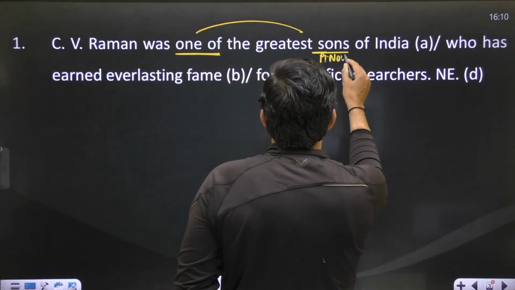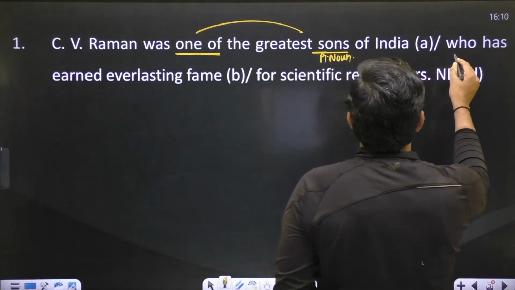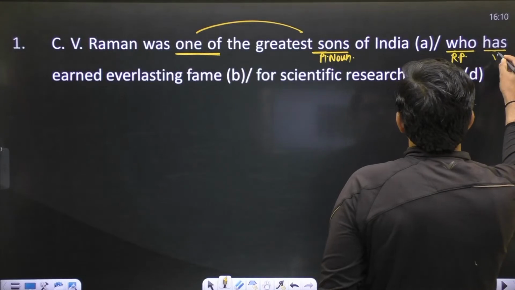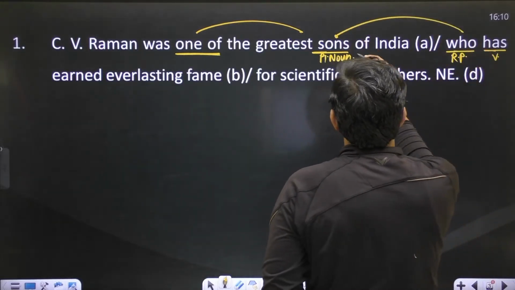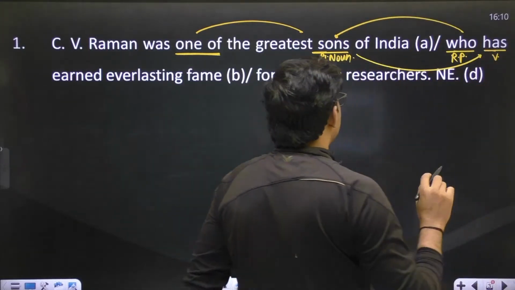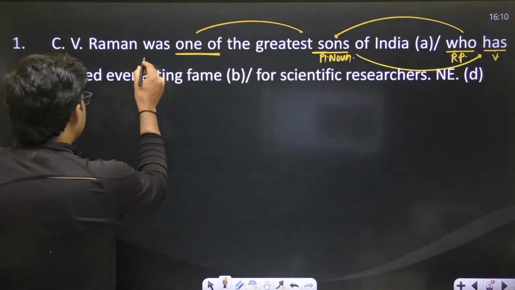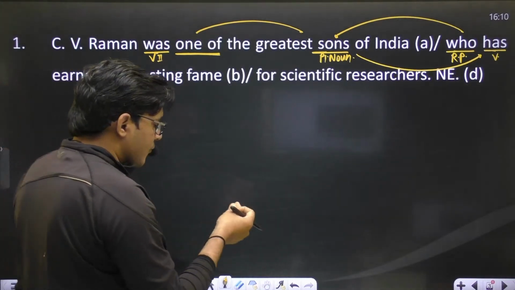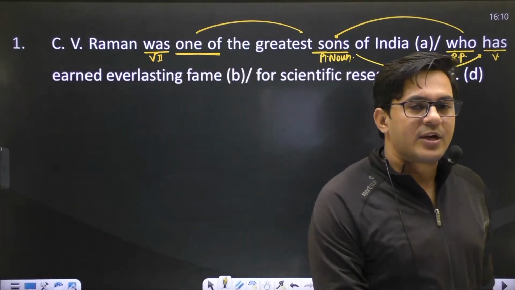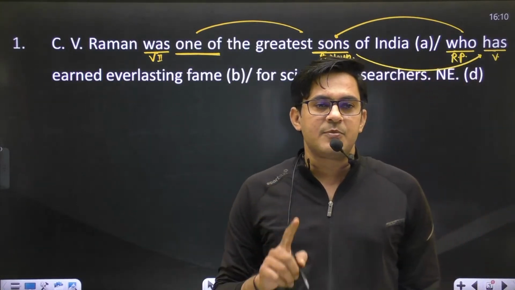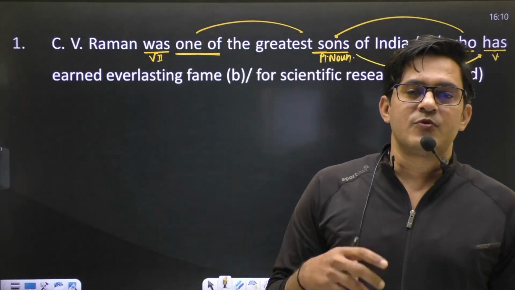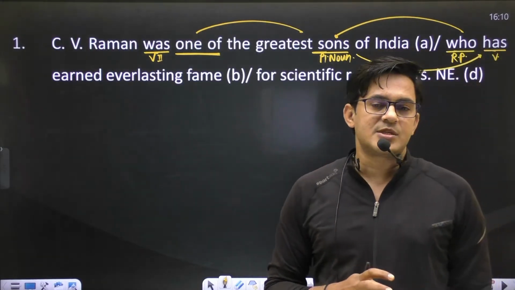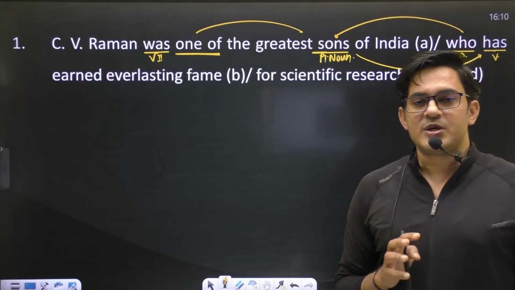Then "who" is a relative pronoun, and a relative pronoun demands a verb according to its antecedent subject. The main concept is: if the first clause is in past tense, all other clauses will also be in the past tense.